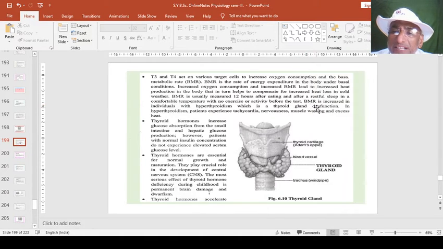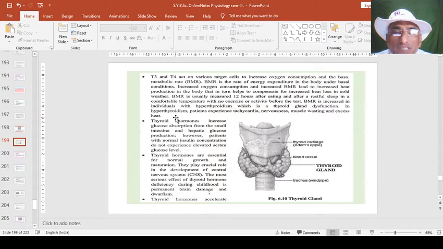Basal metabolic rate is increased in individuals with hyperthyroidism, which is a thyroid gland dysfunction. Whenever the thyroid gland is not functioning properly or shows dysfunction, hyperthyroidism occurs. So this is one of the causes, or abnormal activity.